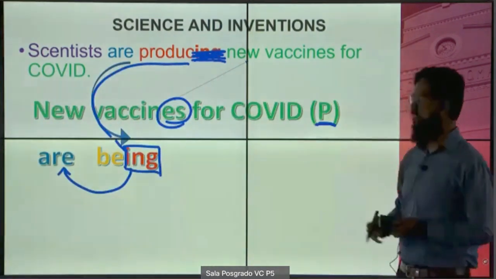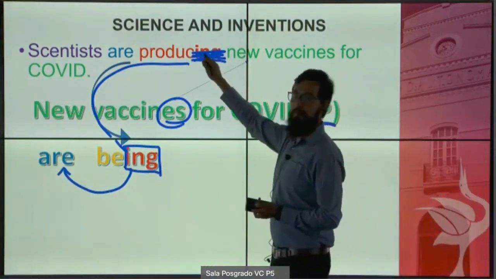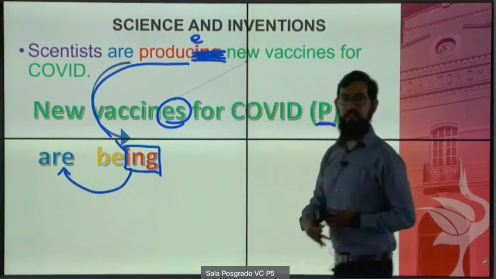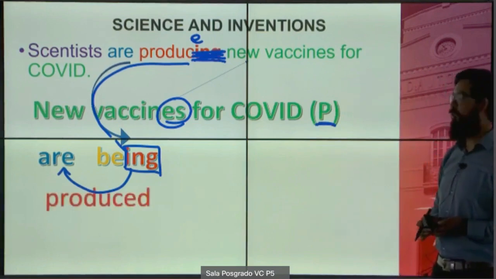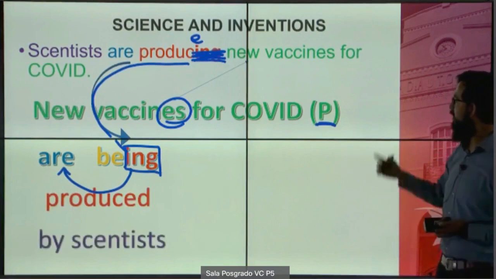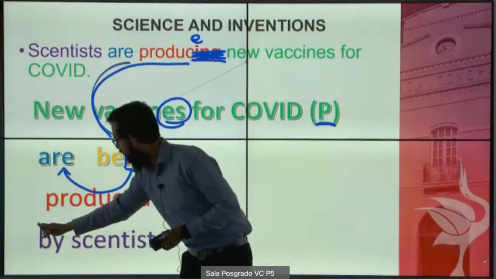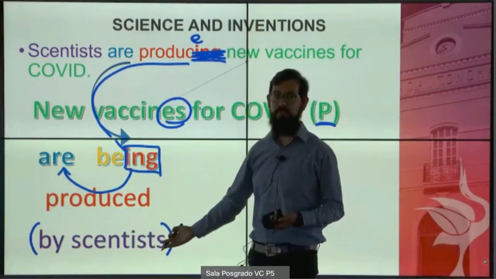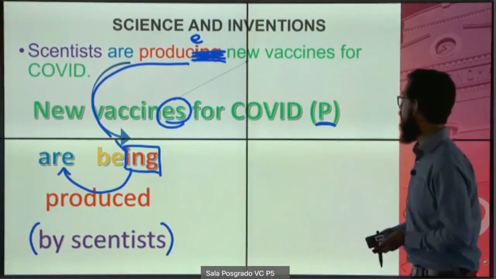New vaccines for COVID are being, and now the verb. Remember this? We took out the ing. Now we have produce. What is a past participle of produce? Produced. Okay? New vaccines for COVID are being produced by scientists. You have to say this if you want to or not. Okay? Depending on the sentence.